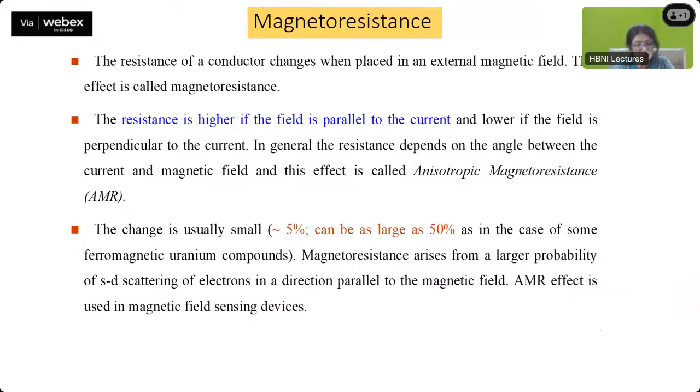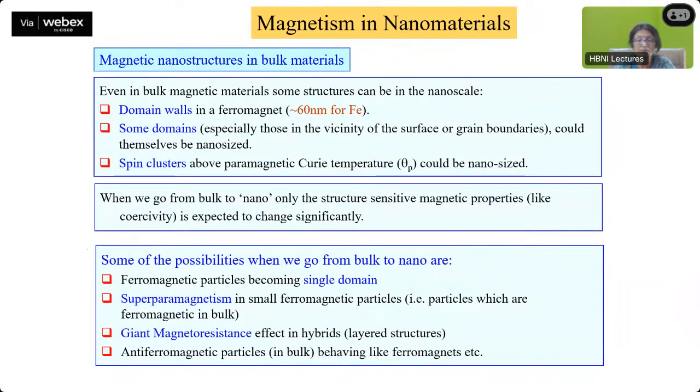This change is usually small, only 5%, but it can also be large, almost 50% in the case of some ferromagnetic uranium compounds. Why does this arise? It arises from a larger probability of s-d scattering of electrons in a direction parallel to the magnetic field. This kind of AMR effect, or anisotropic magnetoresistance effect, is used in magnetic field sensing devices.